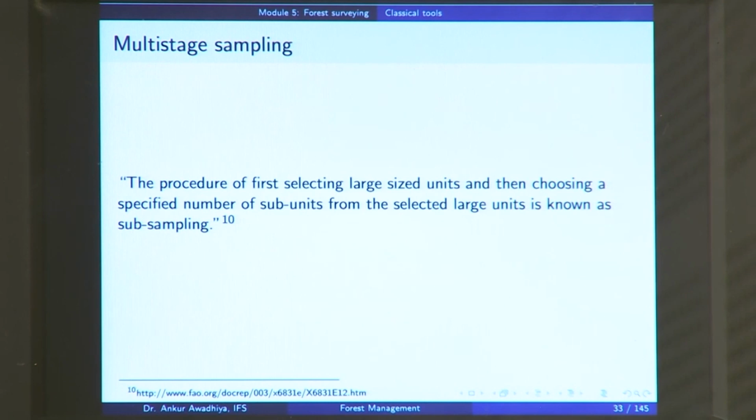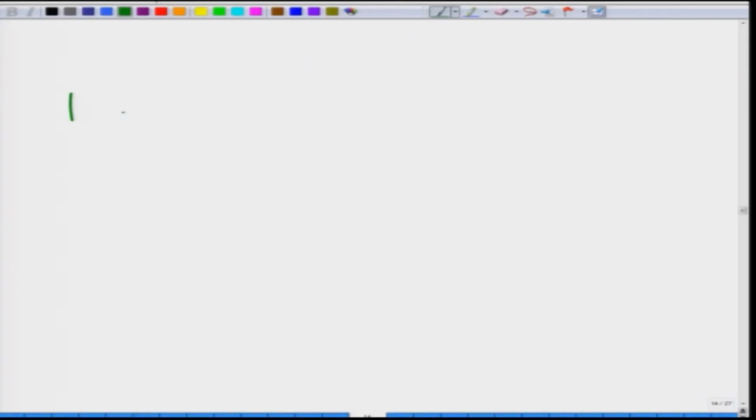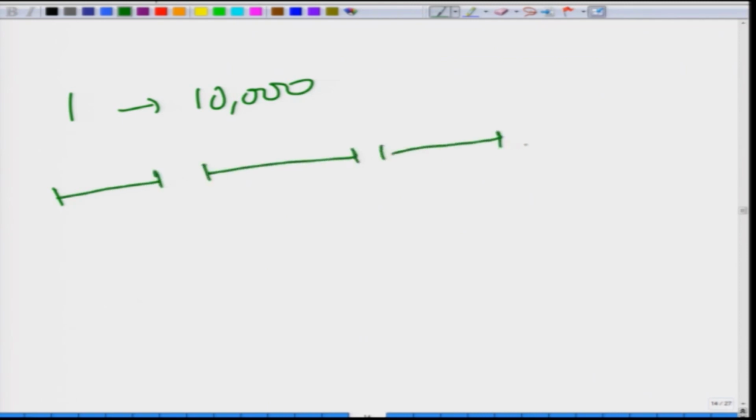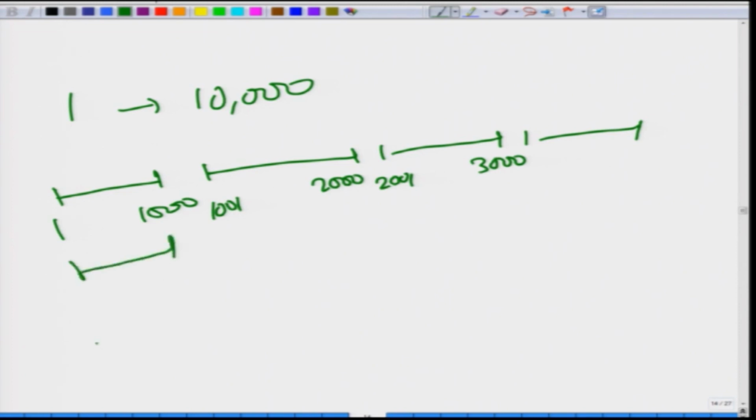So, suppose you have to choose between 1 to 10,000, and you say that I will divide it into 10 different stages. So, I take 1 to 1000, then 1001 to 2000, 2001 to 3000 and so on, and in each of these I will be taking random samples.